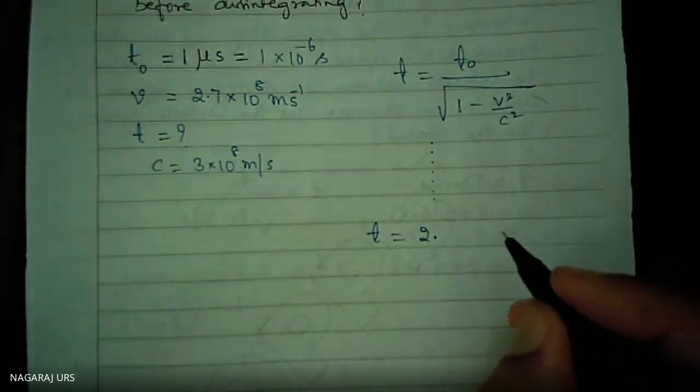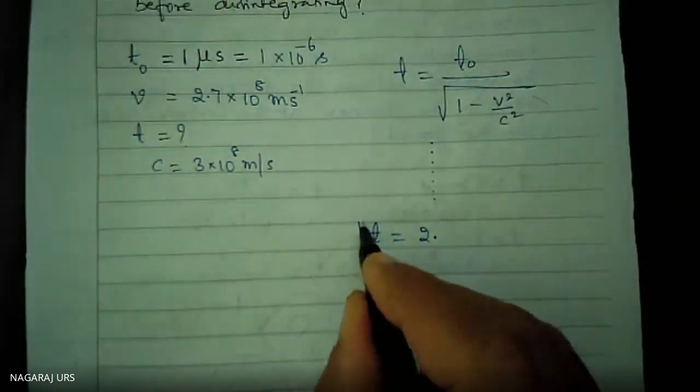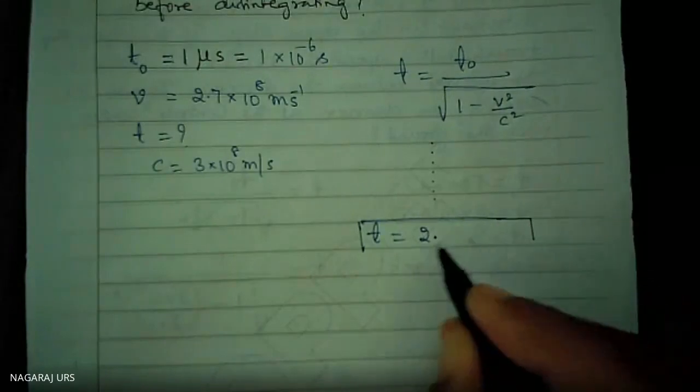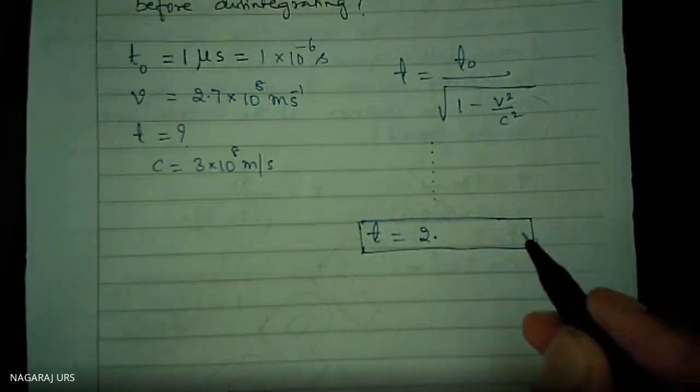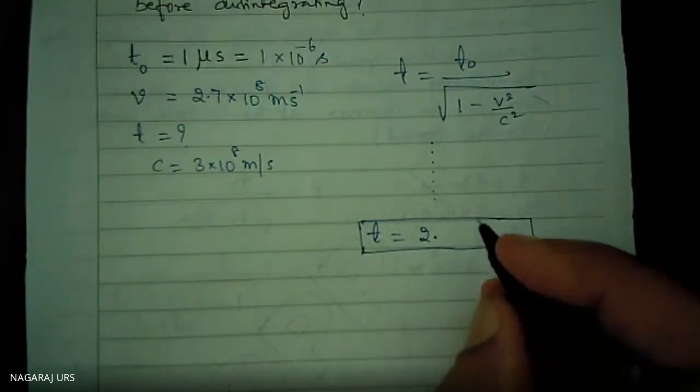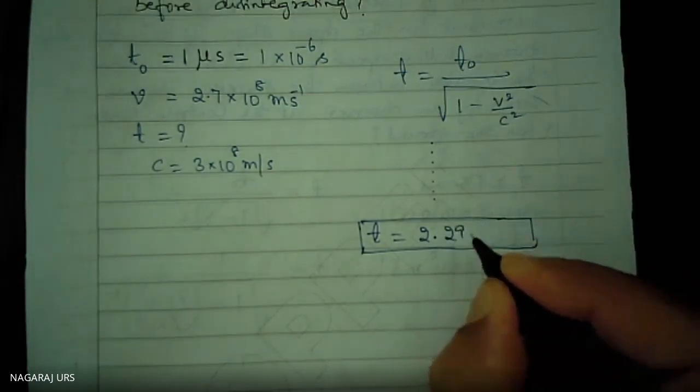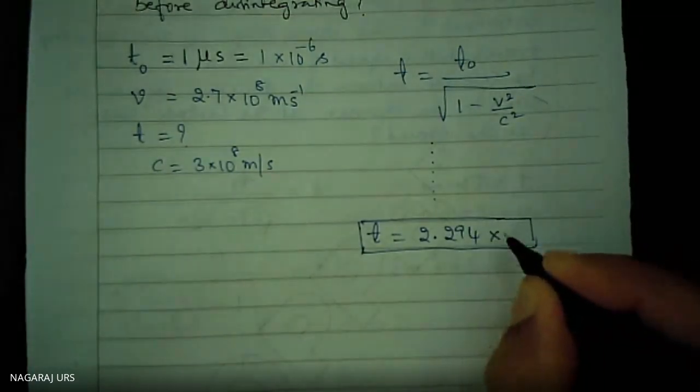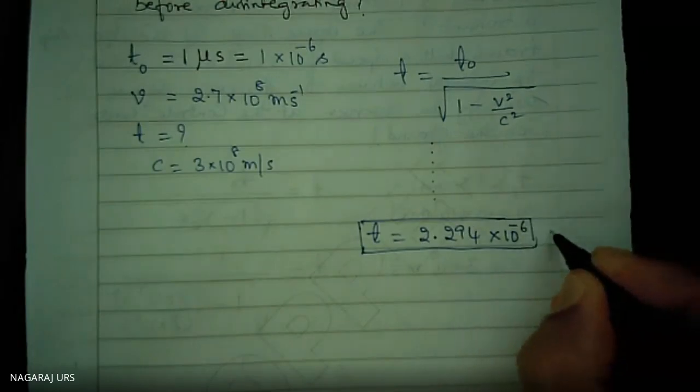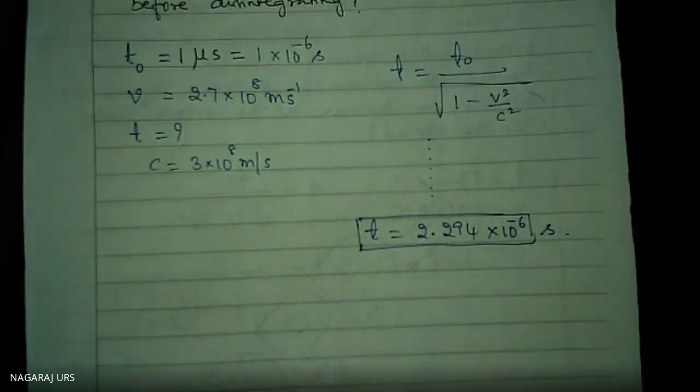How much are you getting? The answer is 2.294 × 10^-6 seconds. Are you getting this answer? Yes, you check it out.